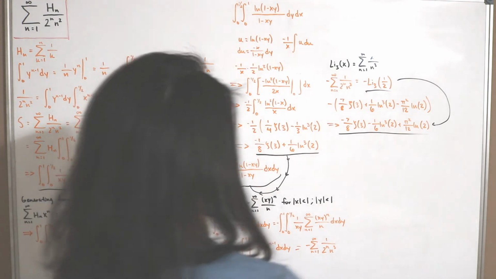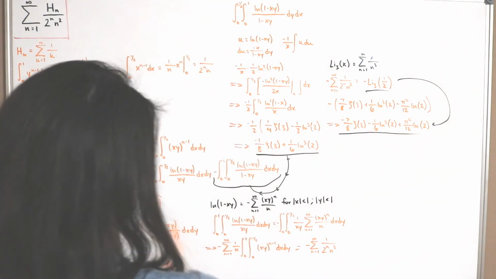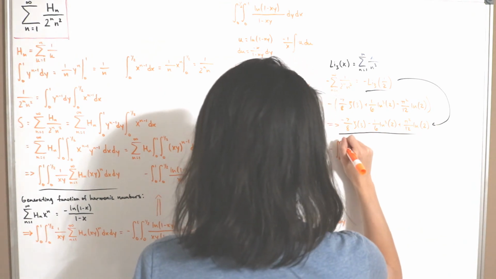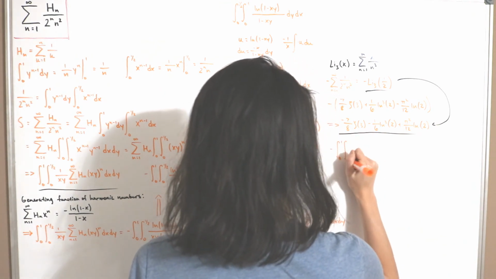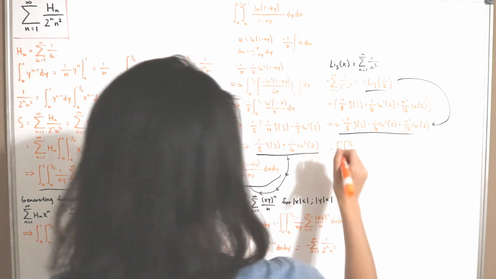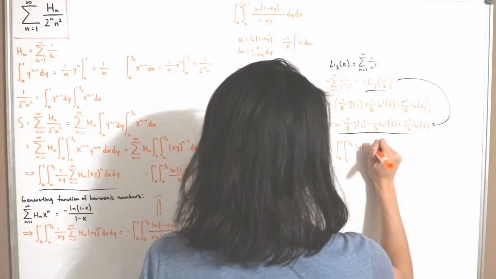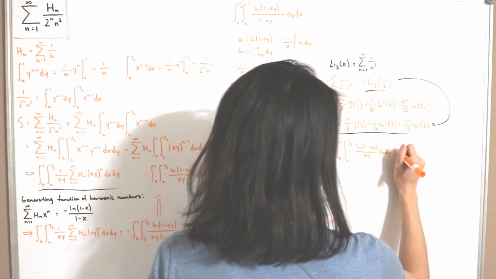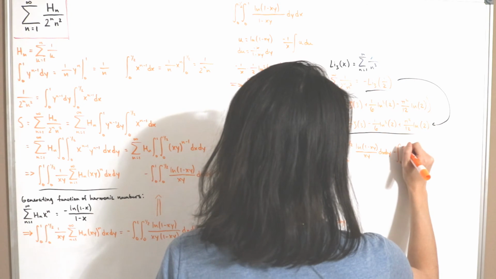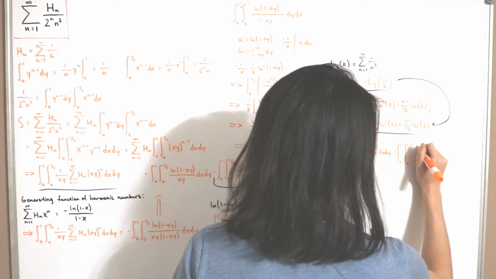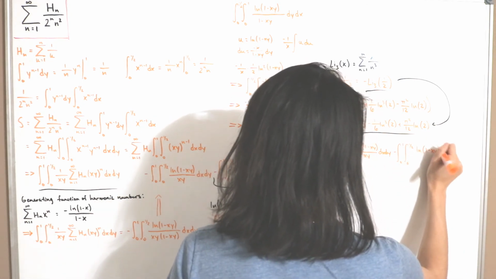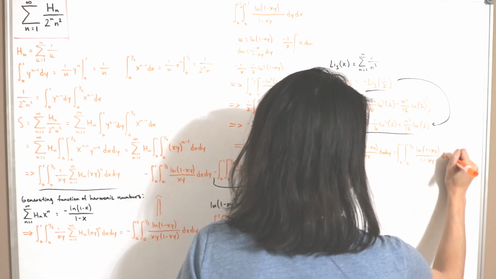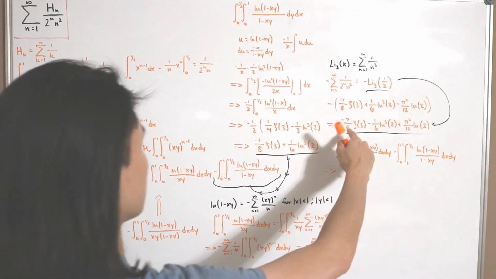So now the next thing is just to put all the pieces together. Let's reiterate. The double integral over 0 to 1 and 0 to 1/2 of the natural log of 1 minus xy, over xy, dx dy, and then I subtract that with the same double integral, except that we have a different denominator: ln of 1 minus xy, divided by 1 minus xy, dx dy. Now I'll substitute the negative.